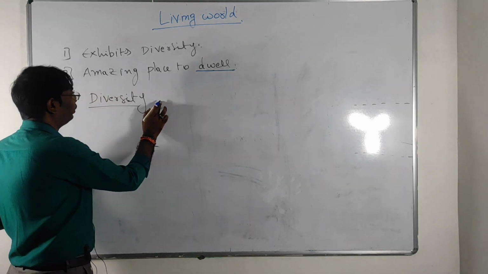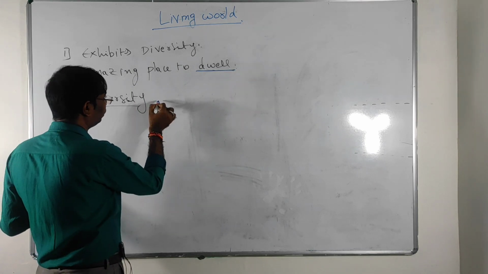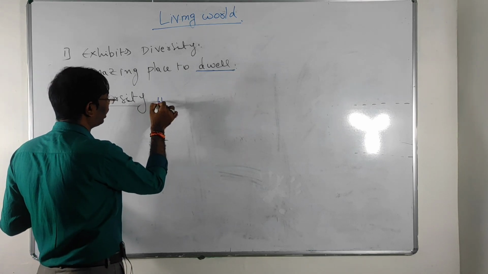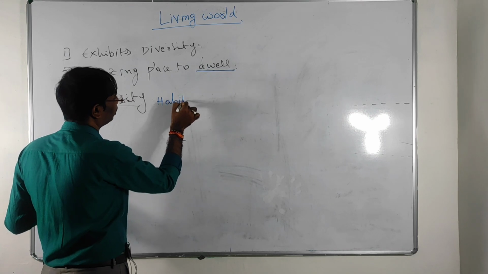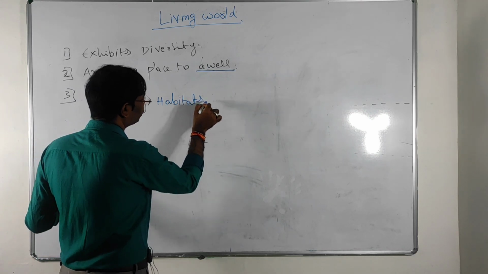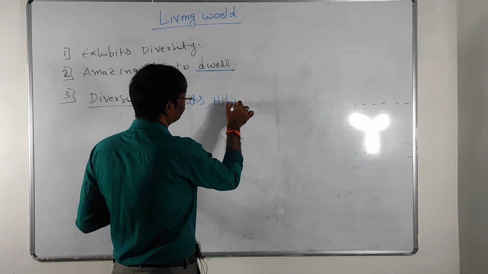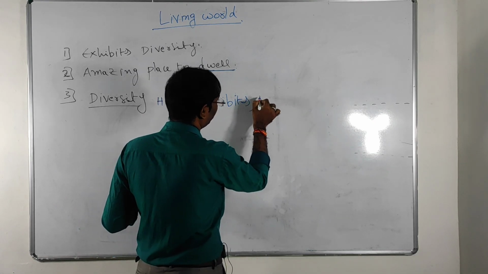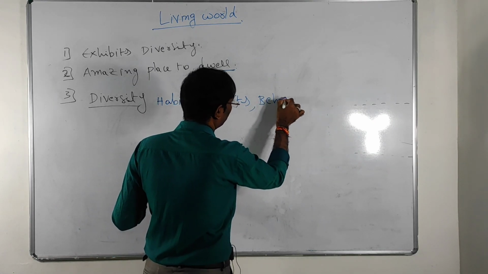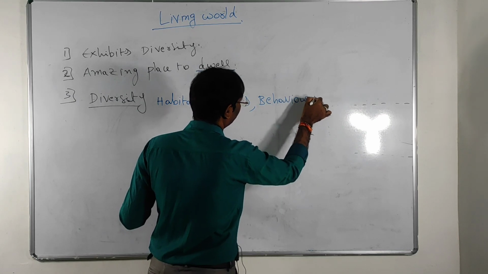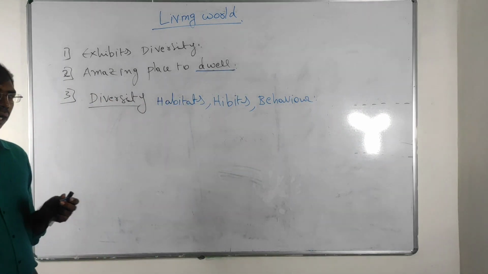So what kind of diversity can we see? The organisms have a variety of habits and behavior. The organisms have different habitats, different behavior and different habits.